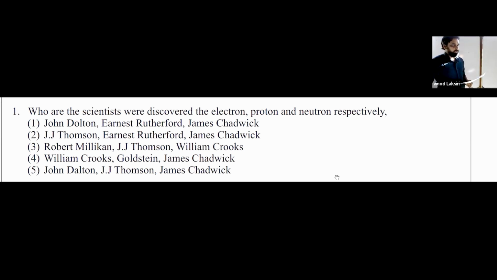Do you remember? By using a perforated cathode, the experiment was carried out. Using that experiment, finally, Rutherford discovered the occurrence of protons in elements. Therefore, proton was discovered by Ernest Rutherford, and neutron was discovered by James Chadwick.